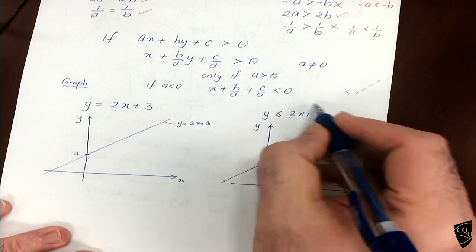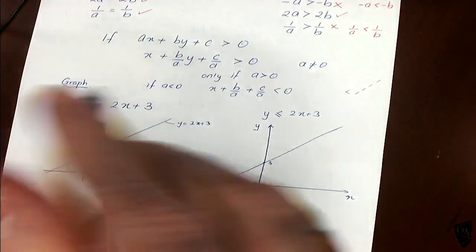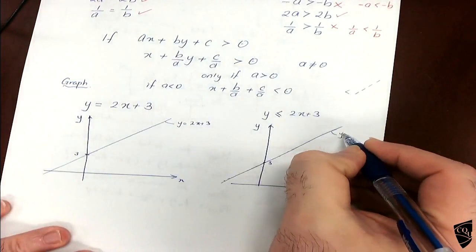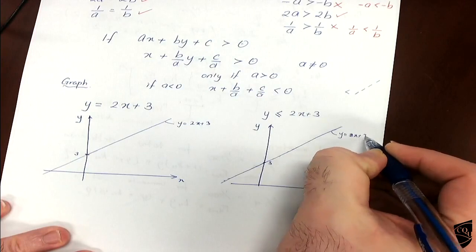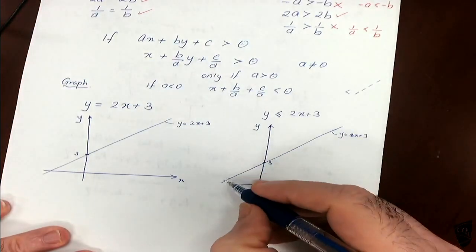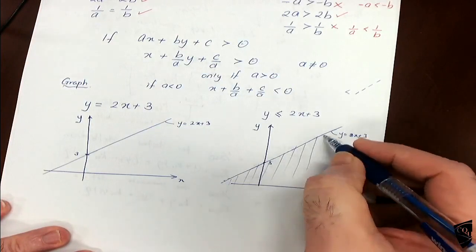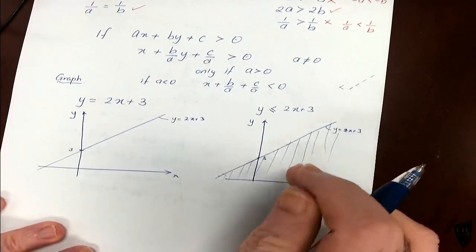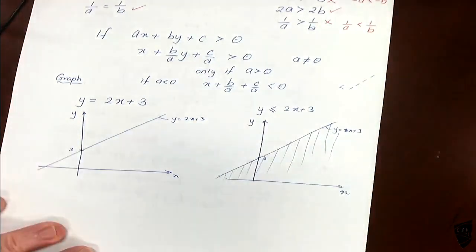So this line is okay. Now they said y less than or equal to 2x plus 3. This is y equal to 2x plus 3, and less means here. So the whole region satisfies this inequality.